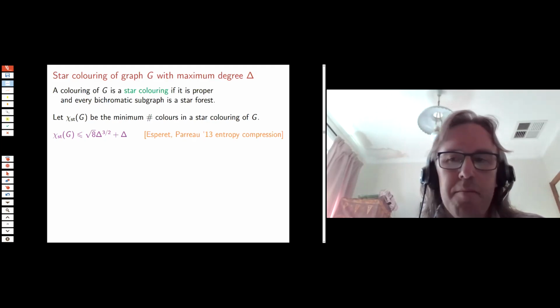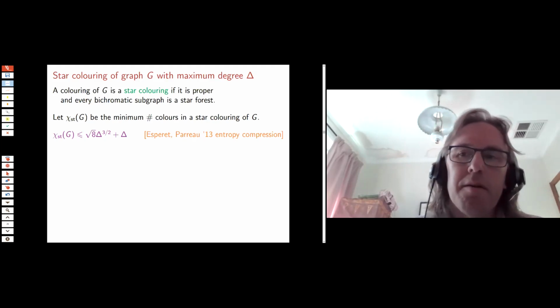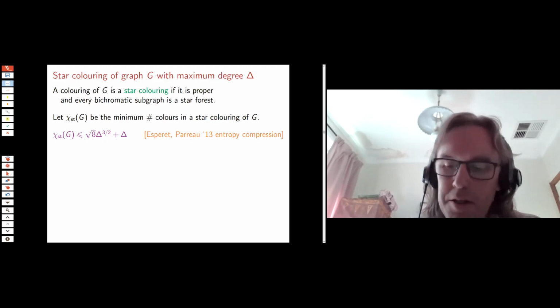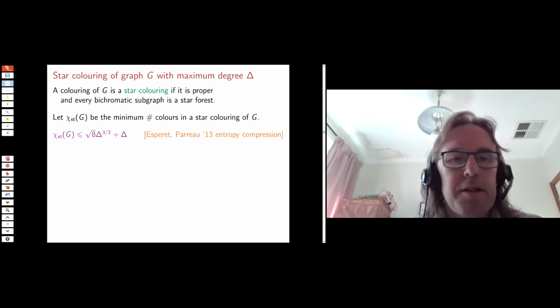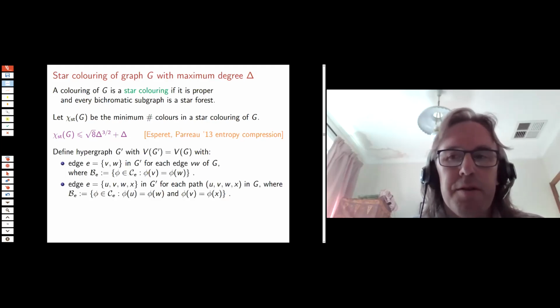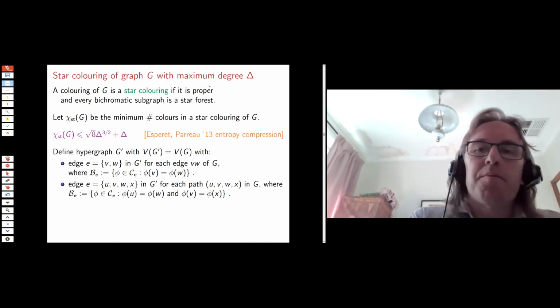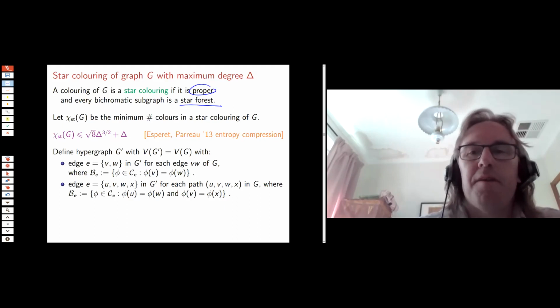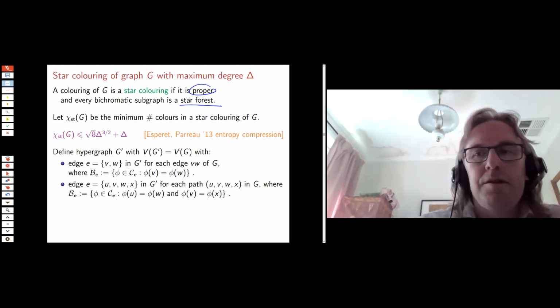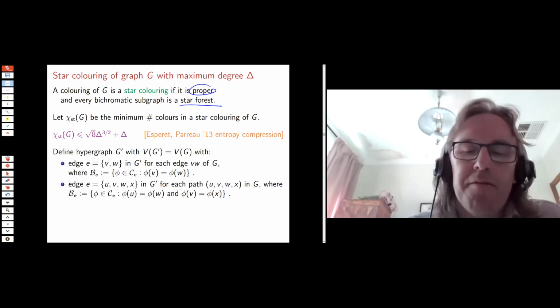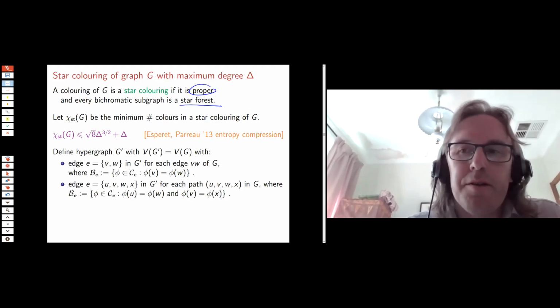So let's imagine trying to solve the star coloring problem using our generic framework. We just introduce a hypergraph that models the bad colorings. We want the coloring to be proper and we want it to be a star forest. So we introduce edges into our hypergraph that model those 2 properties.